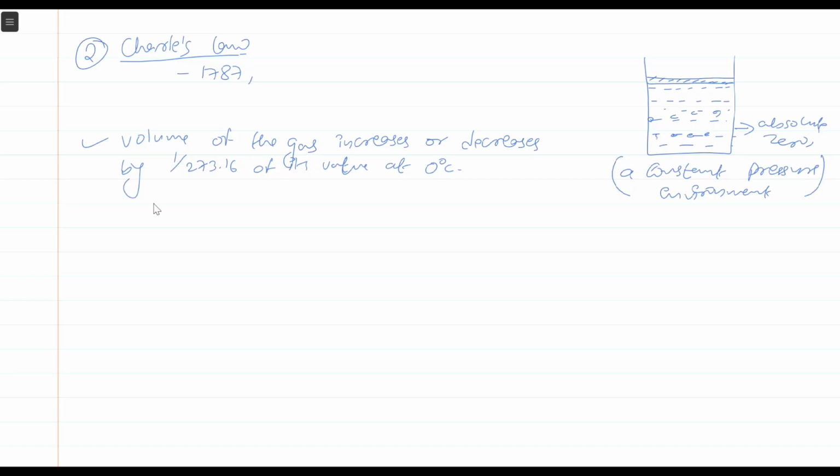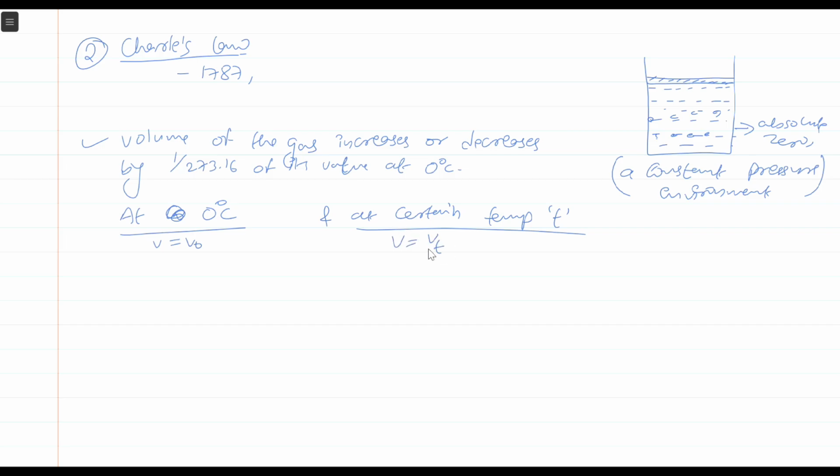Mathematically, if we write it, we get a formula. At 0 degrees Celsius, let us consider the volume to be V naught, and at a certain temperature T, the volume becomes Vt.